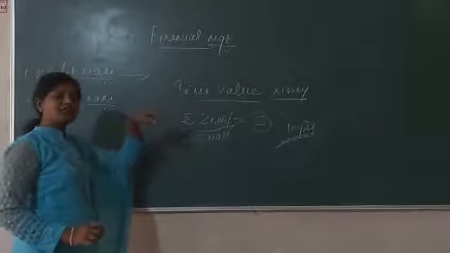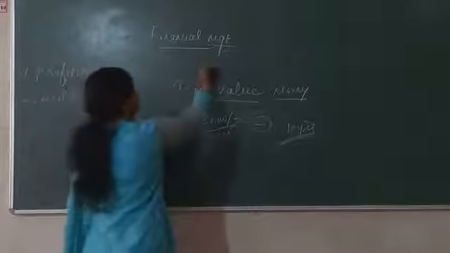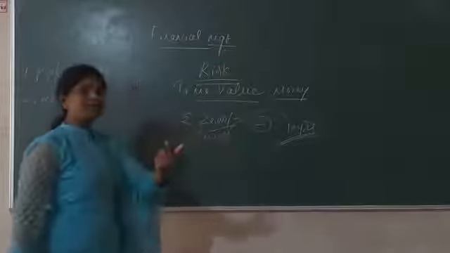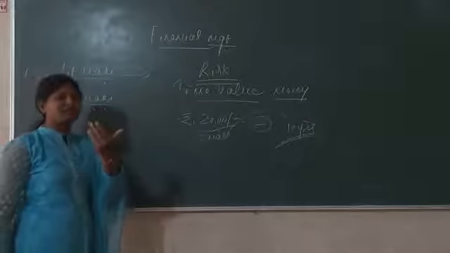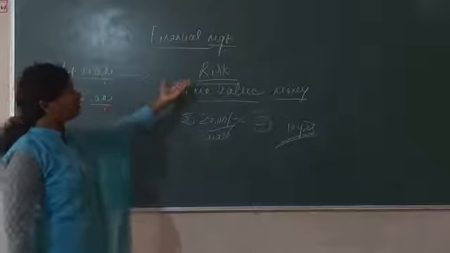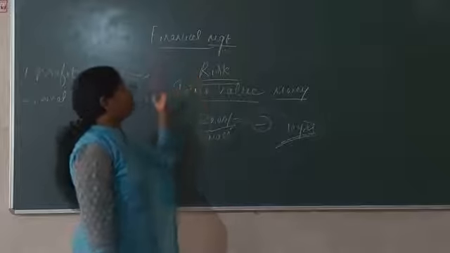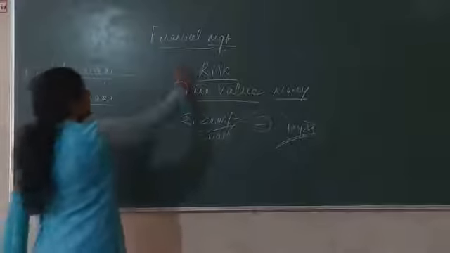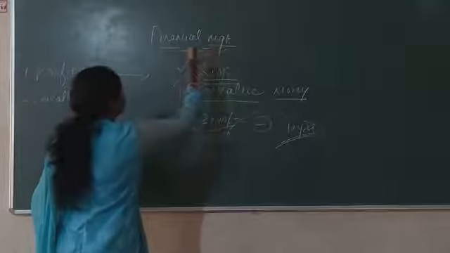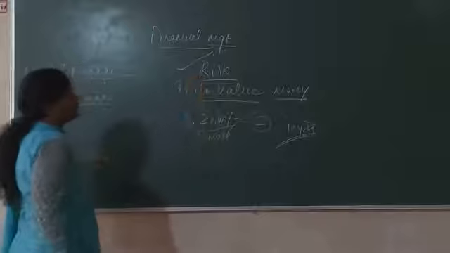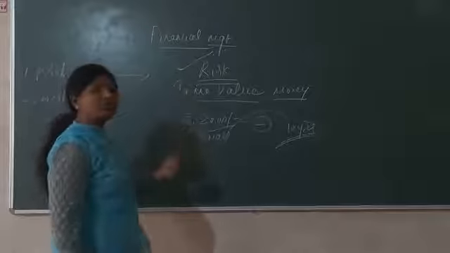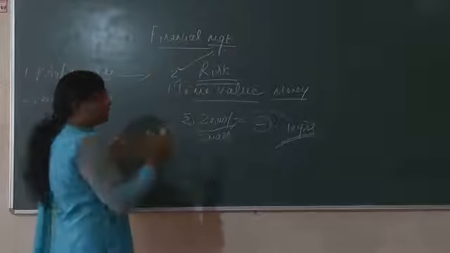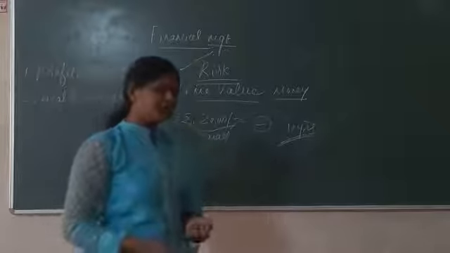Profit maximization does not take into account the risk in the business entity. If we take risk in our business, we become successful. If we are not ready to take any risk in our business, we can't succeed. Profit maximization ignores the risk and the time value of money, and it does not tell exactly which type of profit it is.